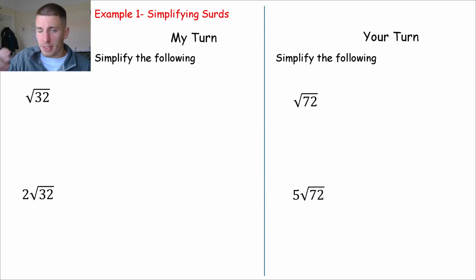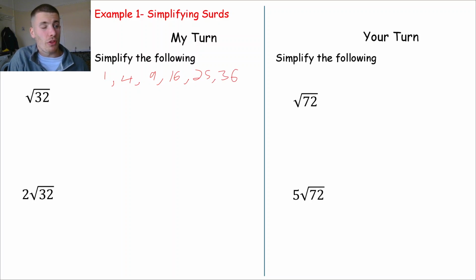So we'll go through some my turn, your turns, starting off quite simple, and then we'll get a little bit harder. So the first two, simplify the following, root 32. Again, if you need to make a note of your square numbers, the first few is going to be plenty. Root 32, we can write it as two numbers that multiply to make 32, where one of them must be a square number, 16.